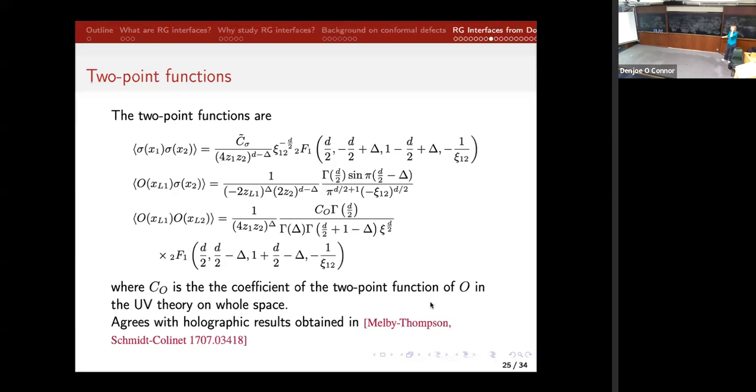So you can see that if you take z very large, which is basically going very far from the defect, then 1 over psi will also get very large, and in that limit this 2F1 will just be 1 basically, and you'll recover what you would expect for a CFT.